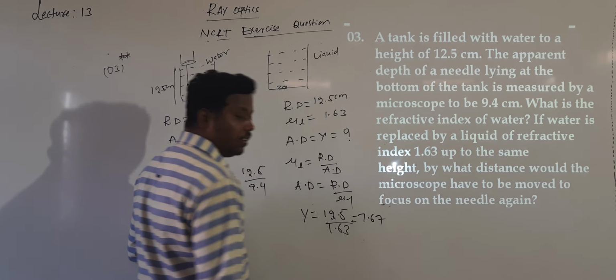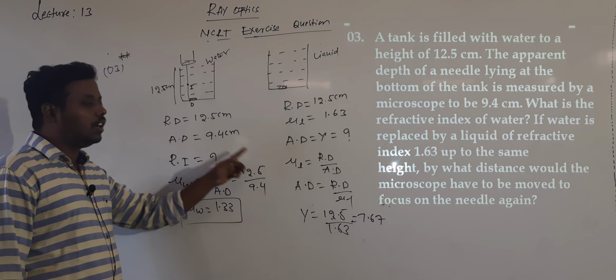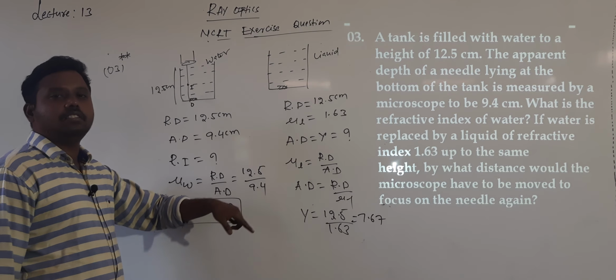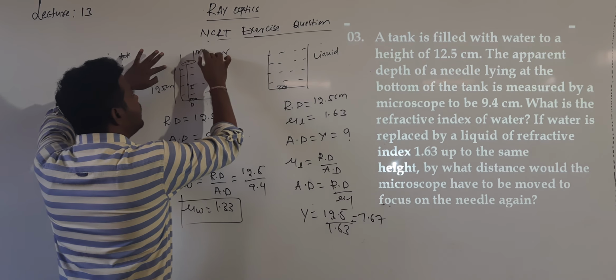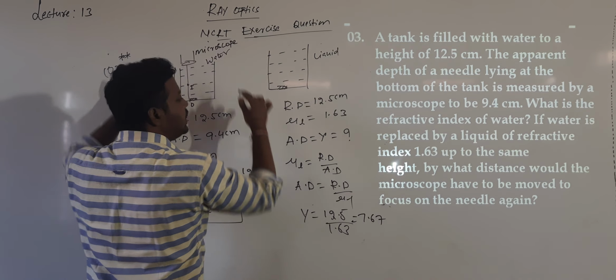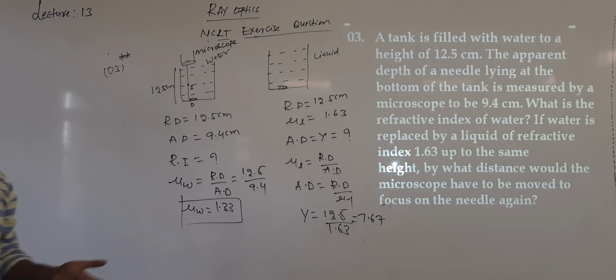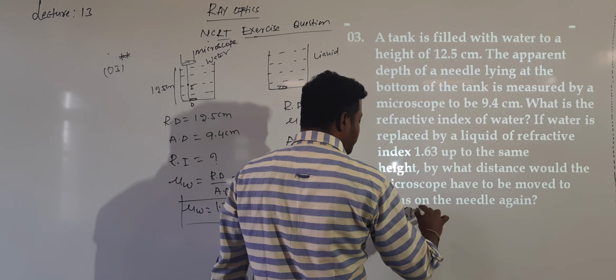Actually last time the apparent depth value was 9.4, but now the apparent depth value is 7.67. So we should change the position of this microscope. This is the microscope they gave, but should the microscope position be changed or not? It should be changed. Understood? So now what is the shift in the position of the microscope?